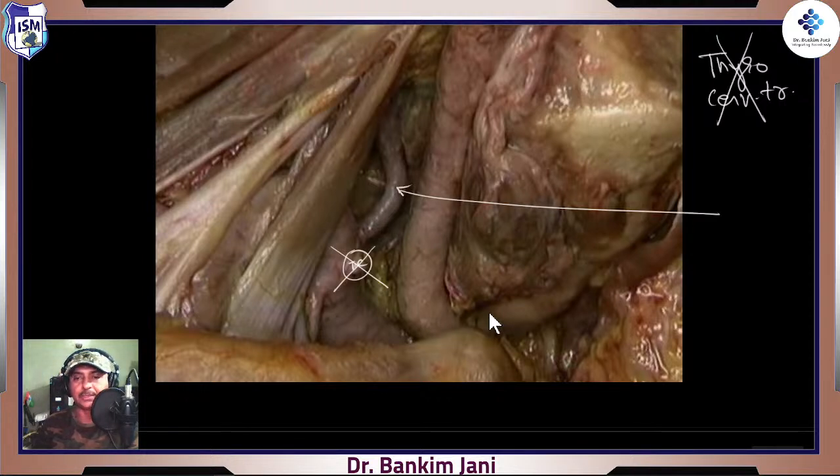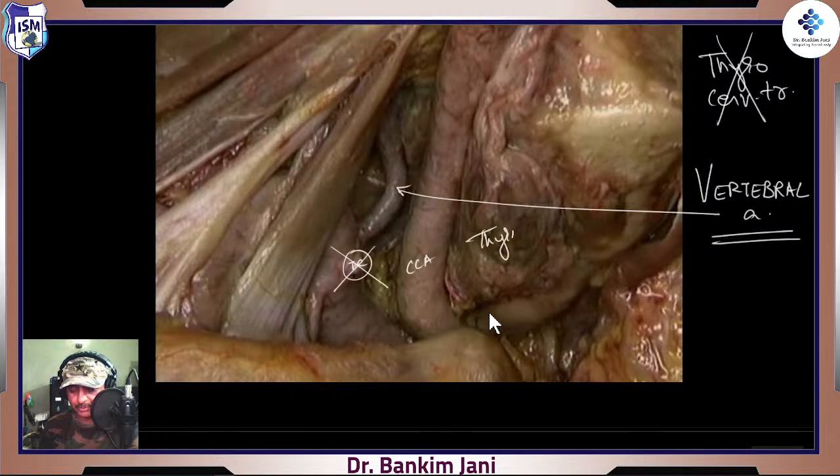That one is the vertebral artery, because the vertebral will be playing a super fantastic role in the blood supply of the brain. So this is the common carotid artery, and this is the thyroid gland.